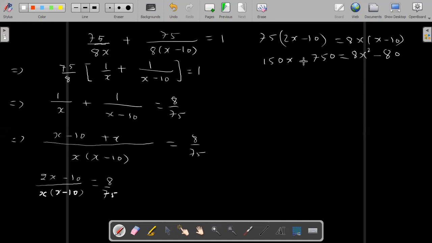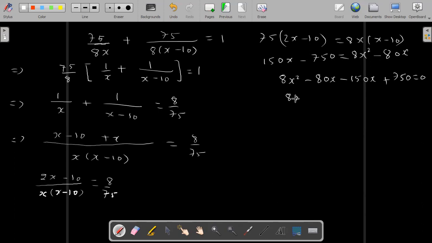Bringing everything from the right hand side, we get 8x square minus 80x, and 150x will come to the right side, minus 150x plus 750 is equal to 0.